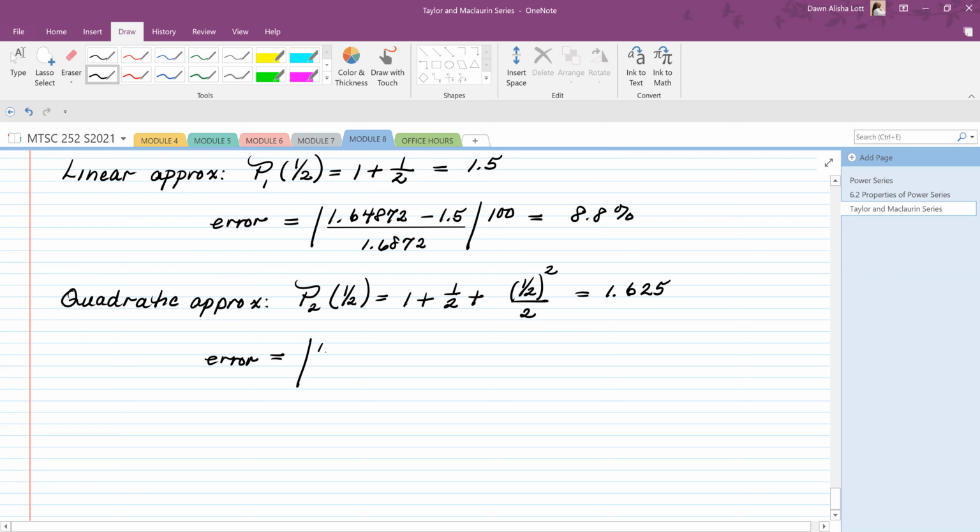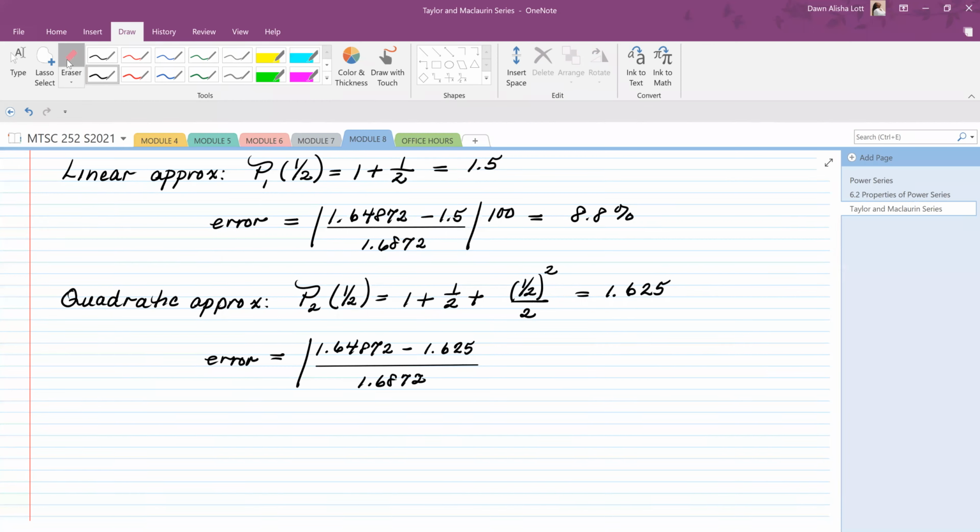The error: the true value, 1.64872, minus the approximate value, divided by the true value, multiplied by 100. Did anybody calculate that yet?